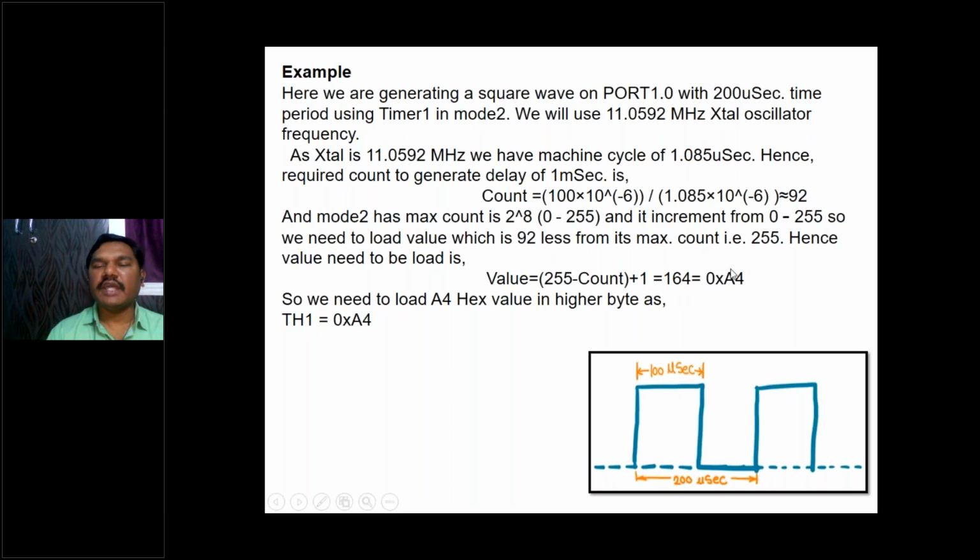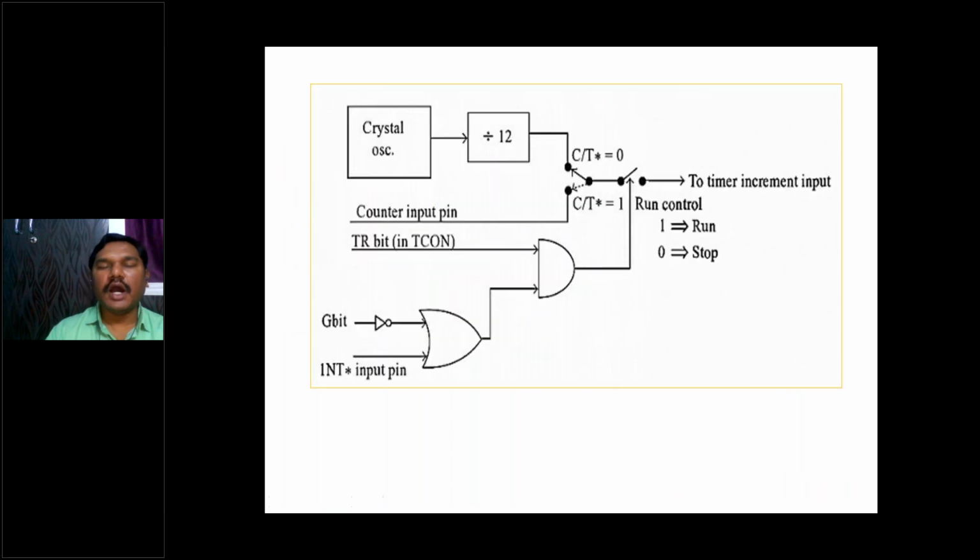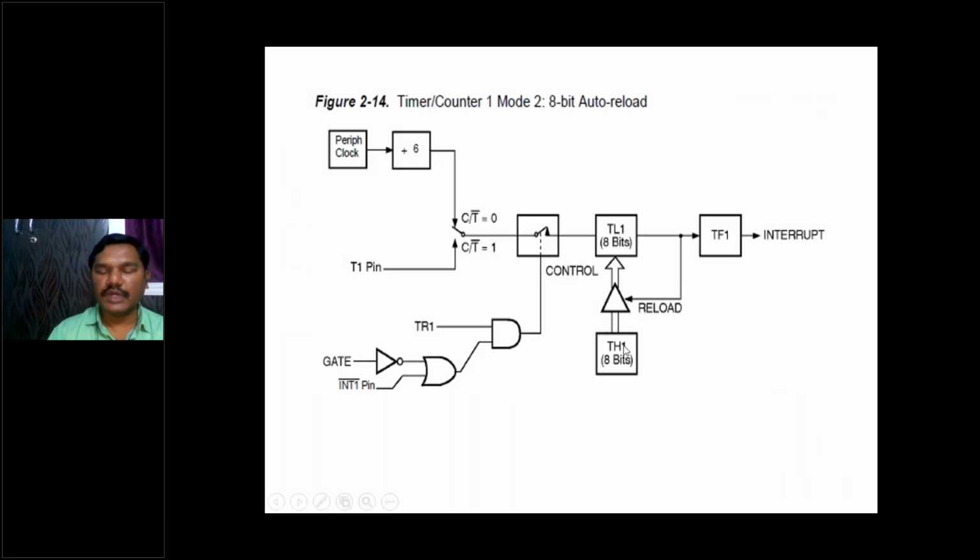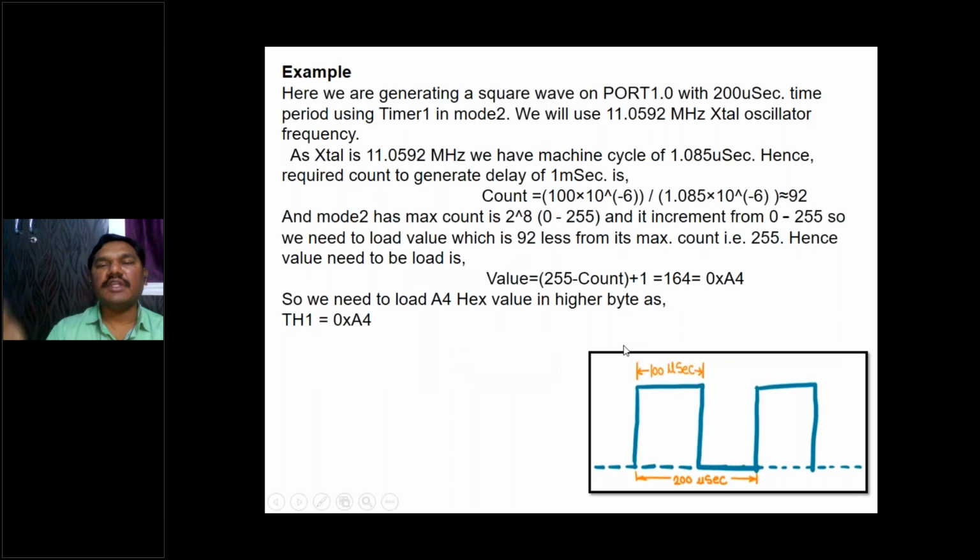which is A4 in hexadecimal, 164 in decimal, and this A4 is the hexadecimal value which is set in TH1 in auto reload mode. Suppose you want to set some other value, then definitely this time period will change. Suppose it is 400, then it will be 200 and 200.